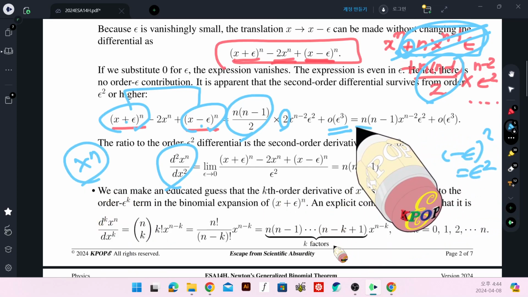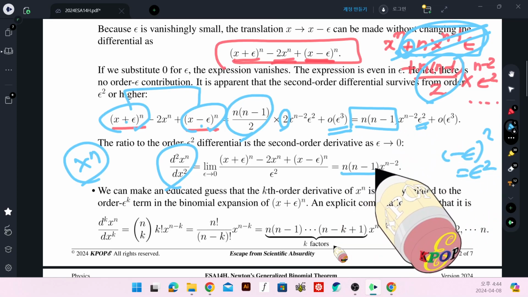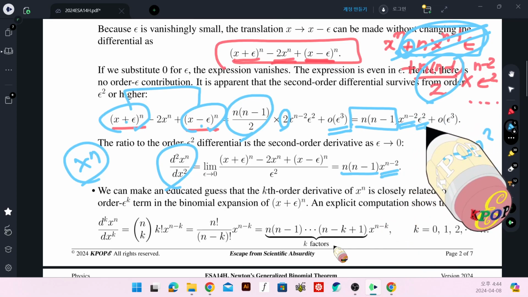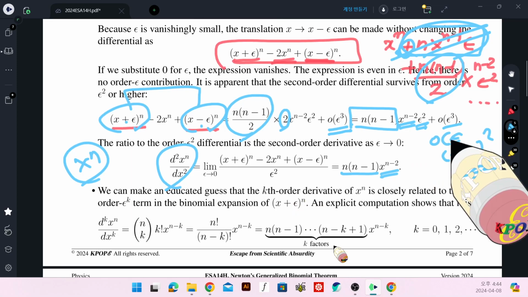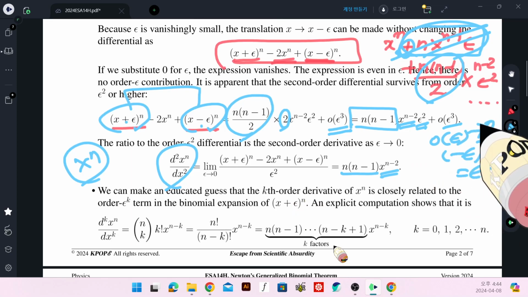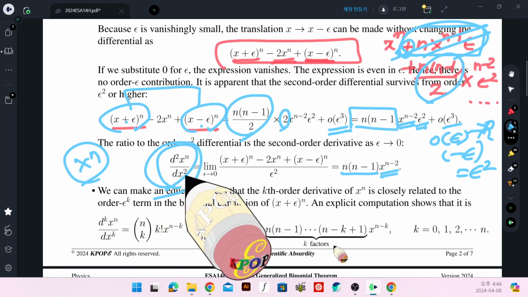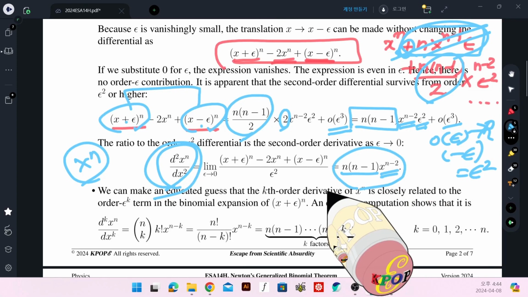Therefore, this one divided by this factor, x to the n minus 2, and divided by epsilon squared, we have an additional piece of order epsilon, so that becomes 0. Therefore, the second derivative of x to the n is identical to this.